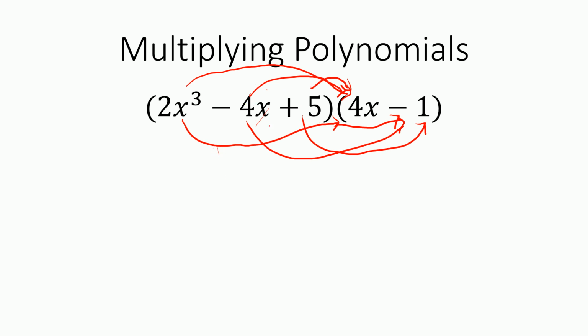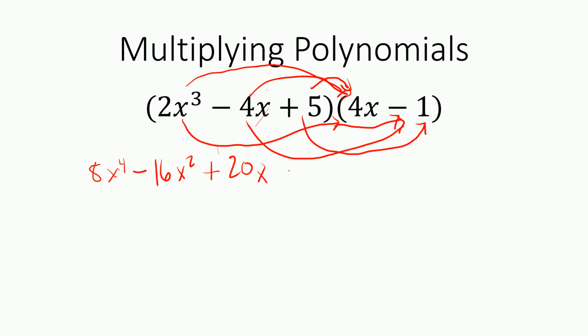So when we do that, 2x cubed times 4x is 8x to the fourth. And then negative 4x times 4x is negative 16x squared. 5 times 4x is 20x.